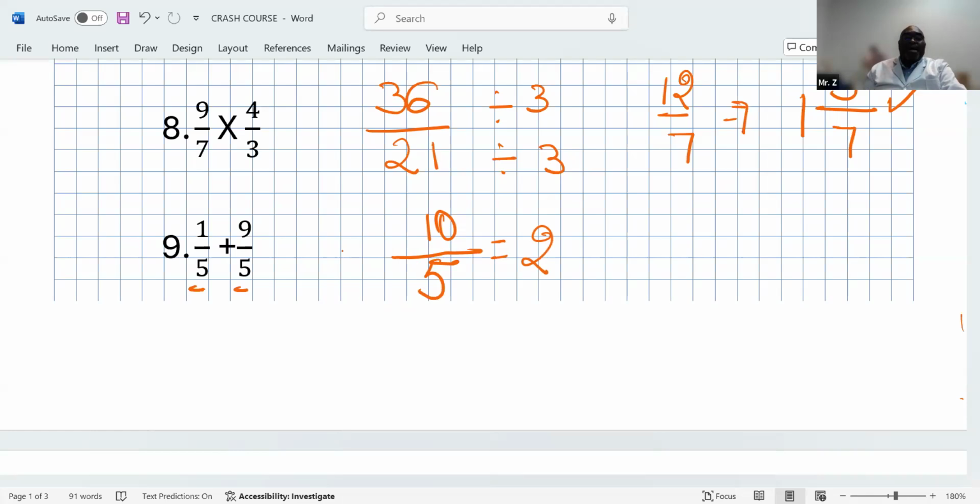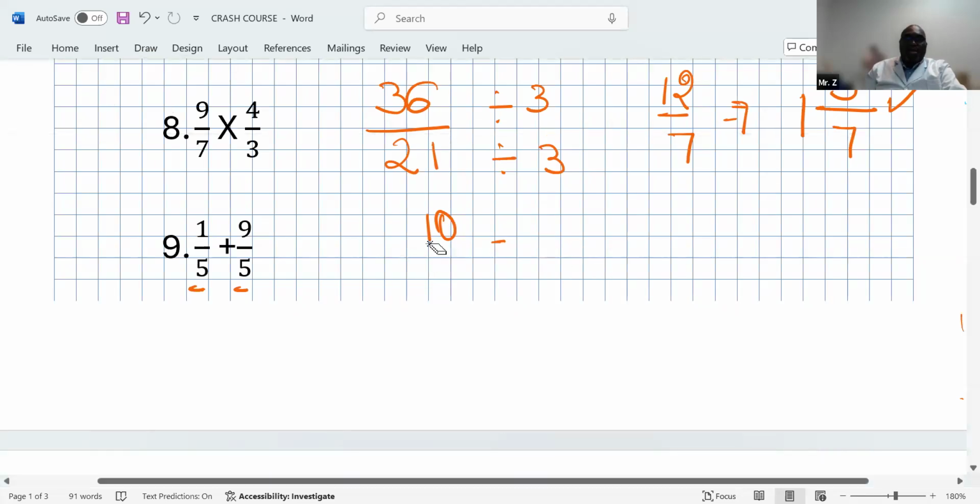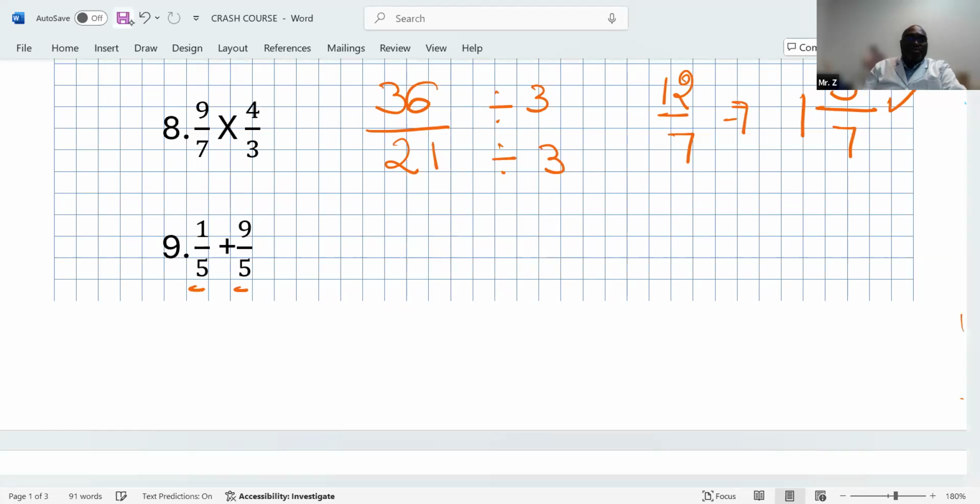All right. But let me take you back so I can give you a general rule that will apply whether you have fractions that have the same denominator or not. As I told you earlier, there are so many ways to add fractions, but I'm going to share one of them.